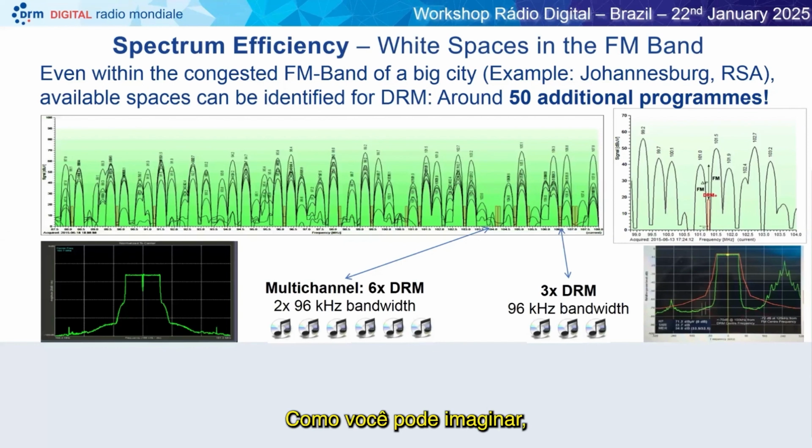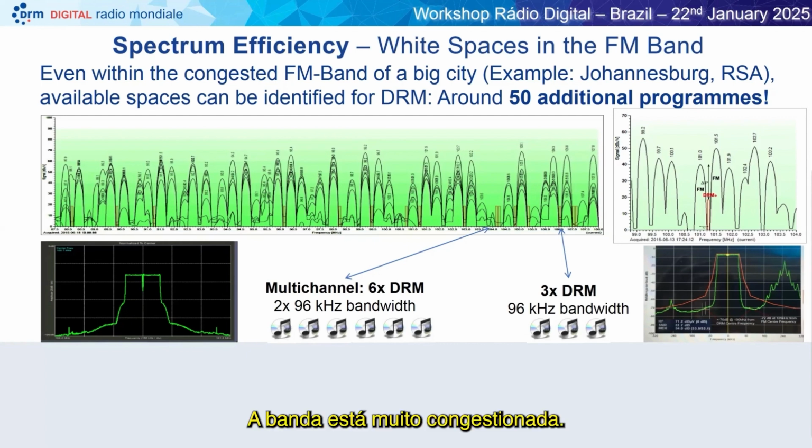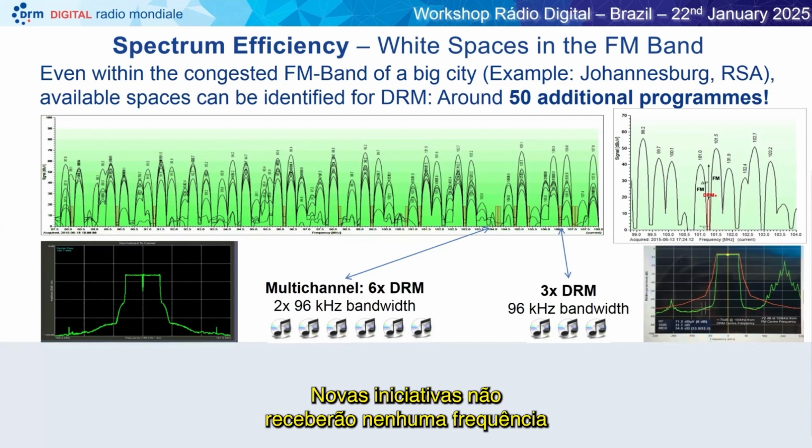As you can imagine, it's a 6 million inhabitants city with a lot of public, commercial, and community radio stations. And the band is quite congested. There has been a moratorium on new frequencies for many, many years. Community radio stations are quite upset. There are new initiatives, but they won't be given any frequencies because there is no spectrum. You cannot put in another radio station here.